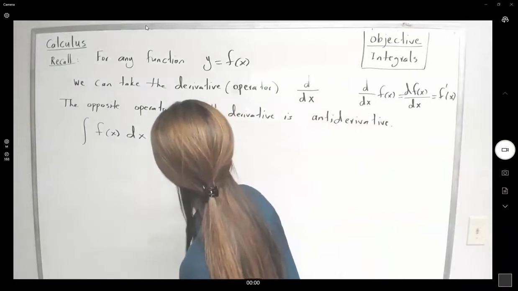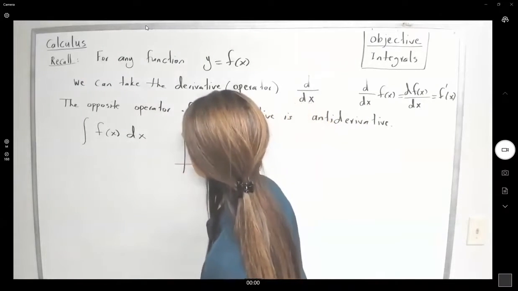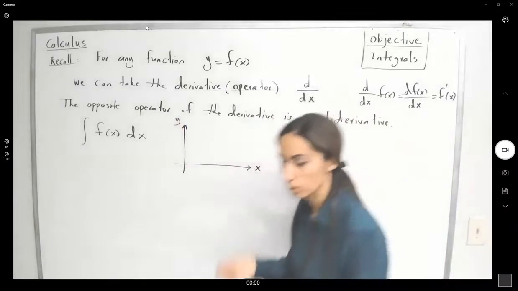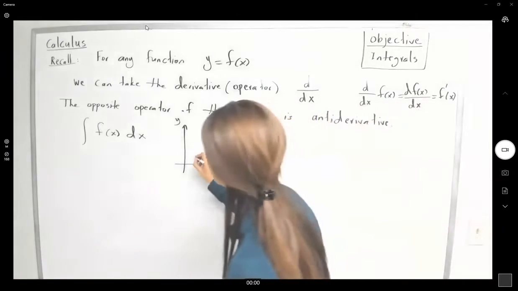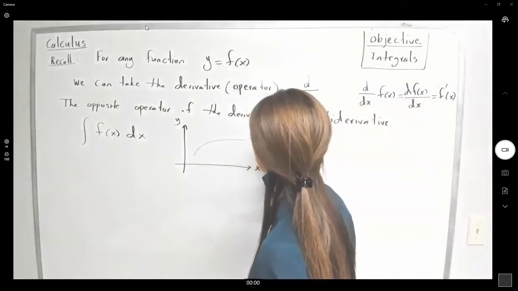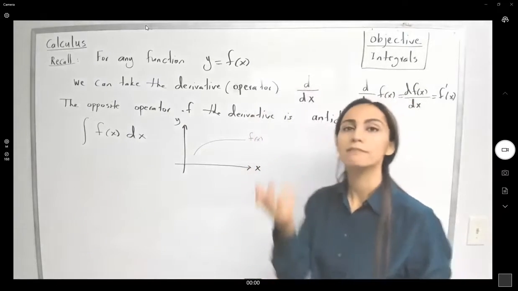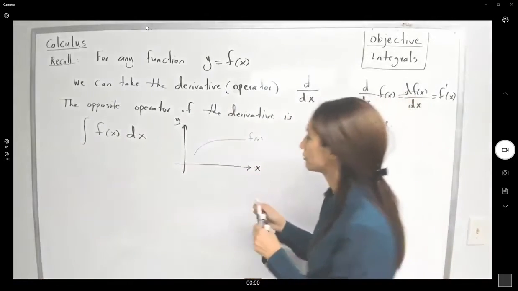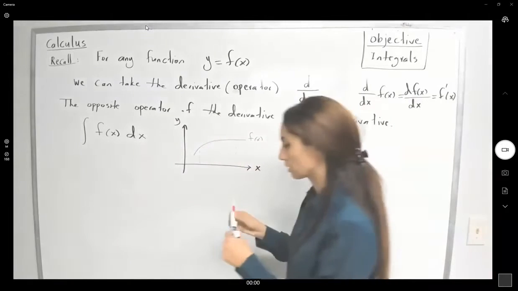So we have the x-axis, for example the y-axis, and suppose this function is a positive function. What's the meaning of that? It means that this function is above the x-axis. Suppose this is your function f of x. And then I can evaluate the area below the curve. Suppose my x is bounded between two numbers, like a and b.